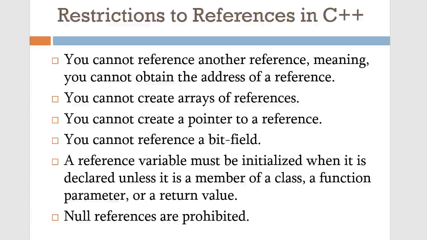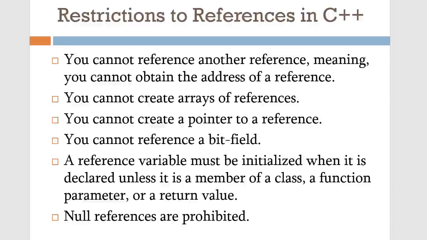But references are very useful when you are passing objects or variables to a function. When you pass an object, another copy of that object is created and stored on the stack, which unnecessarily wastes memory. To avoid that, references can be used.